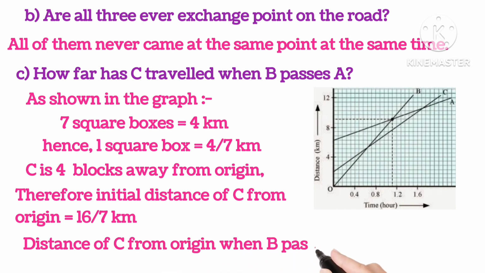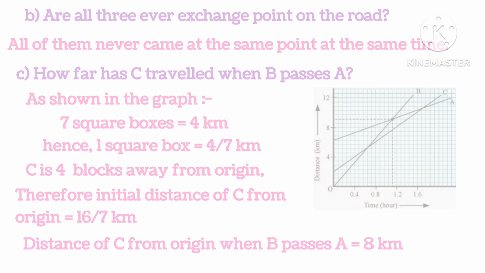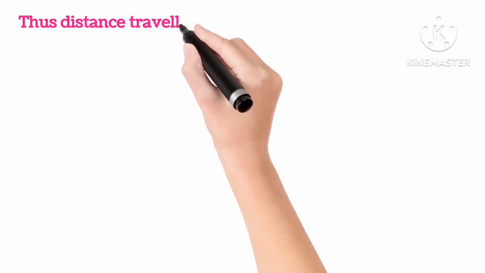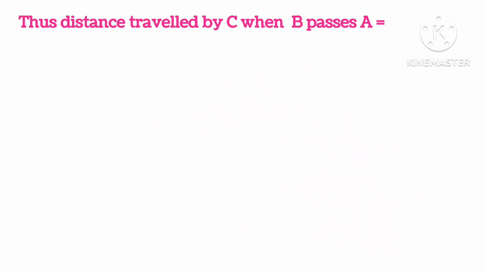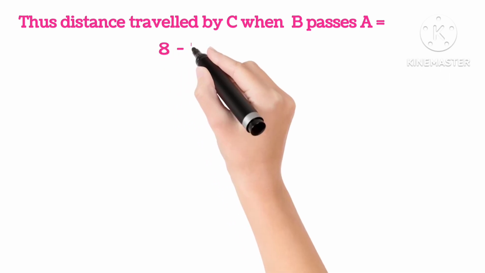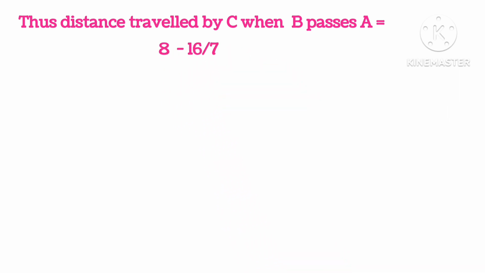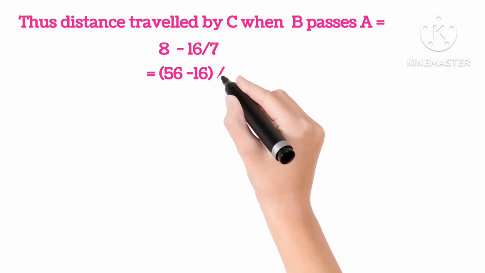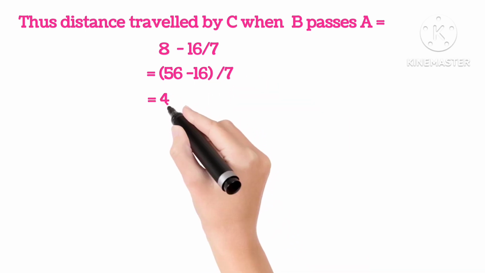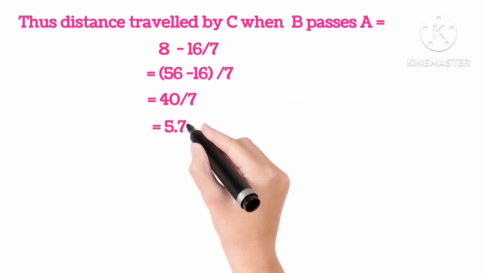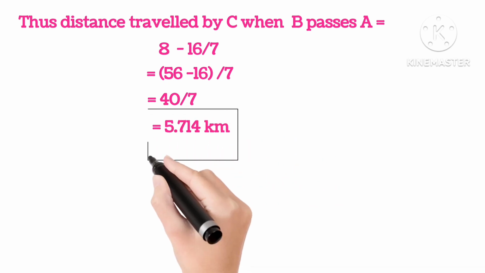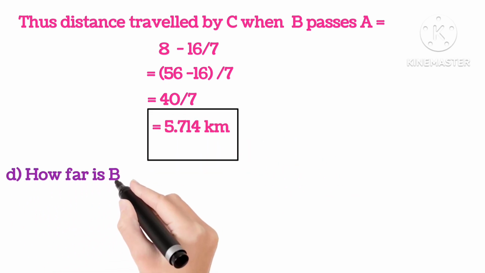Distance of C from origin when B passes A is equal to 8 kilometers. Thus, distance travelled by C when B passes A will be 8 minus 12 by 7. Now solving this, we get 44 by 7, which is equal to 6.286 kilometers.